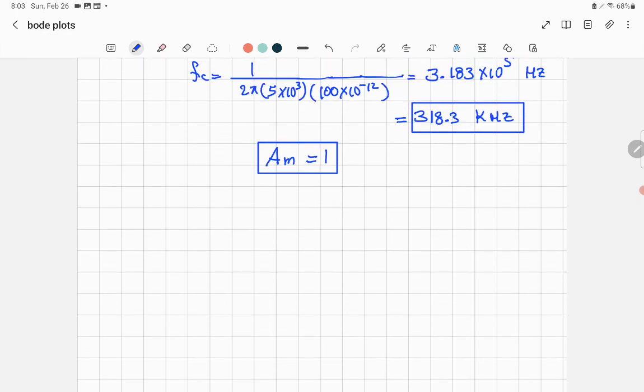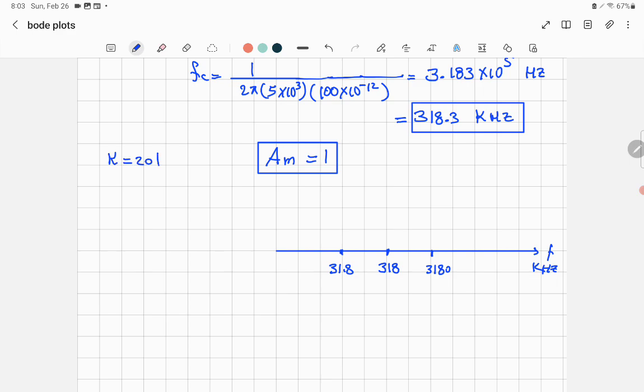So this is the frequency. As we said, you have the fc here, which is equal to 318 kilohertz, the frequency in kilohertz. You divide by 10, 31.8, you multiply by 10, you get 3180. Now, AM is equal to 1, so what's your K?